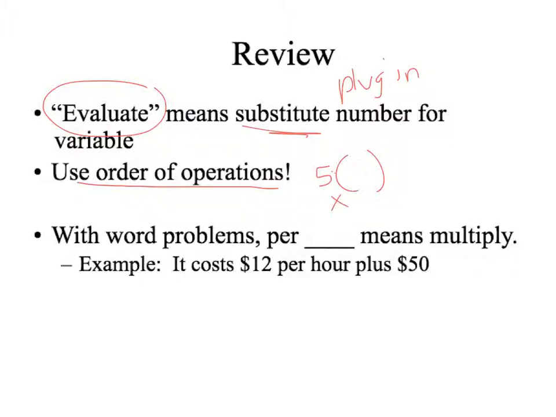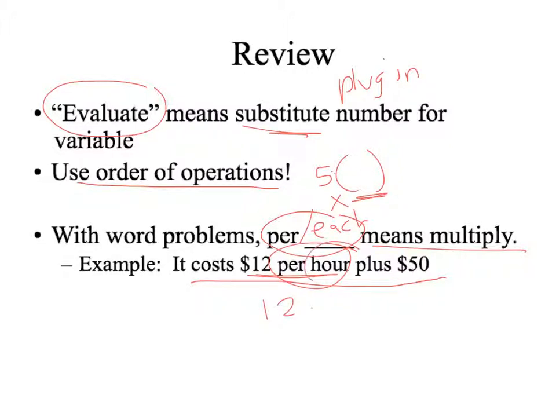We're going to want to plug in numbers in parentheses when we get to negative numbers. With word problems, per or each means you multiply. For example, it costs $12 per hour plus 50 would be 12 times H plus 50.